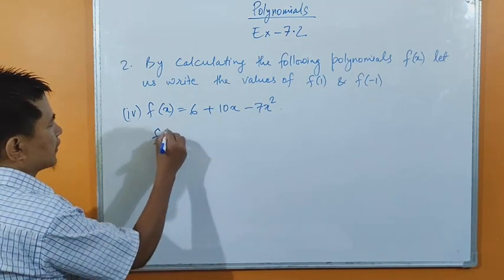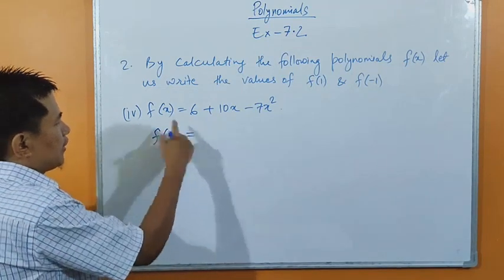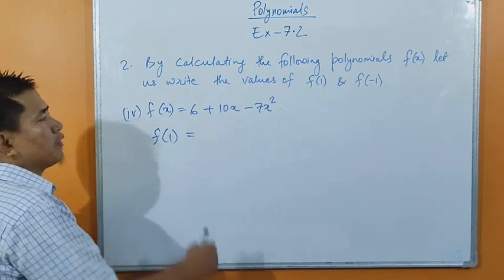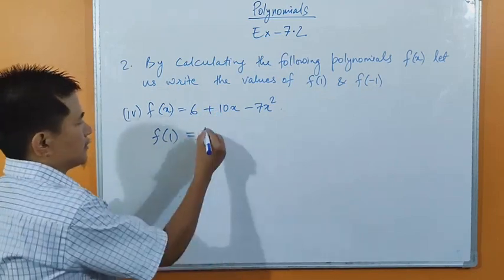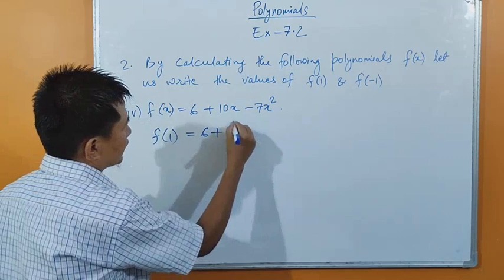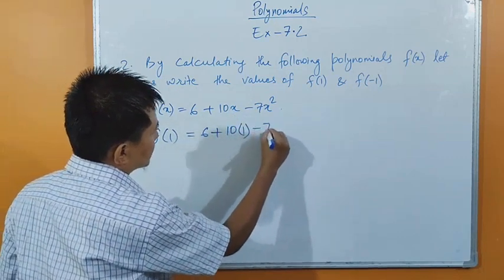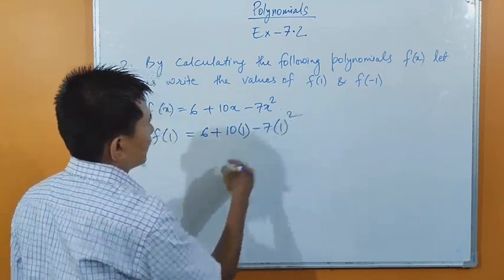First f1. Since f(x) is this, f1 will be, wherever you see x, you put 1. 6 plus 10 into x, which means 1, minus 7, x means 1 squared.